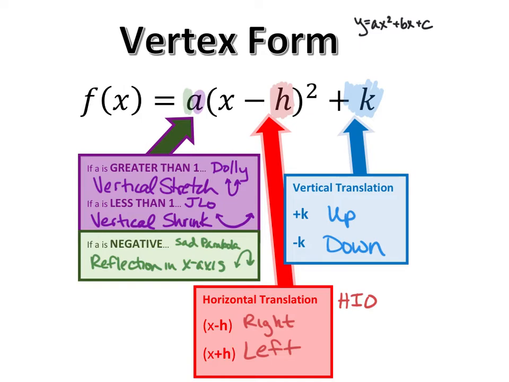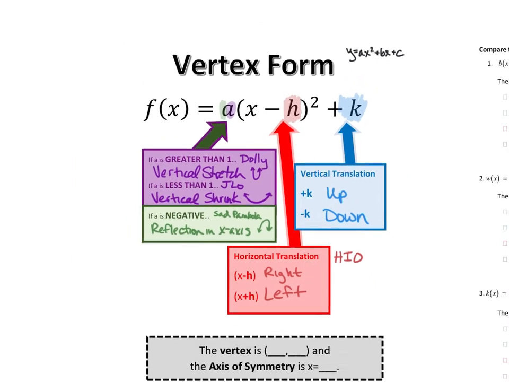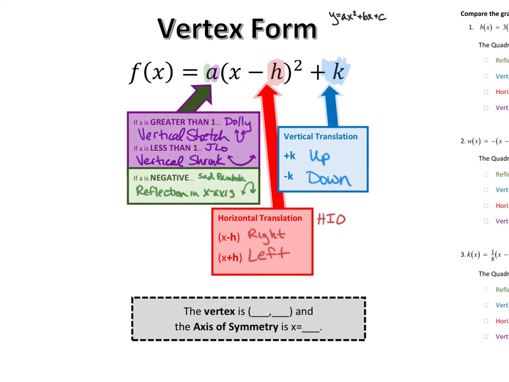Now, like I said earlier, vertex form isn't just helpful because it tells you the transformations. It also straight up tells you the vertex and the axis of symmetry. The number that you have listed for H, the one that you've plugged in, so the opposite of what you see, is the x-coordinate of your vertex. And the k that you see is the y-coordinate of your vertex.